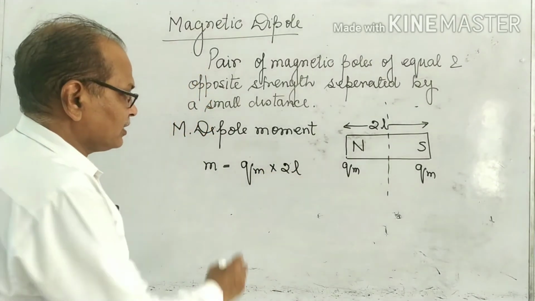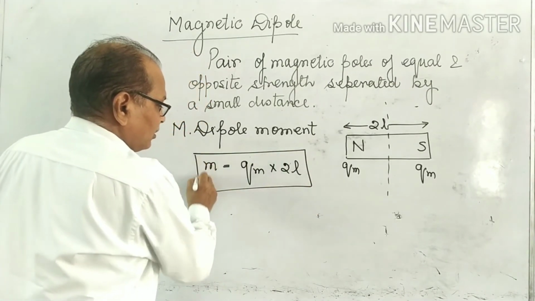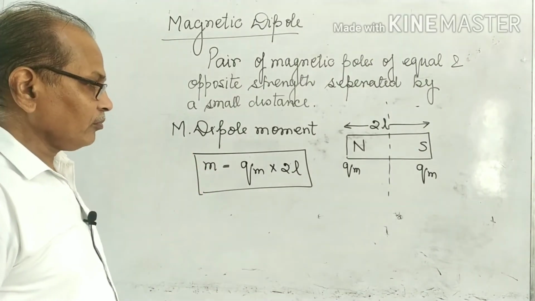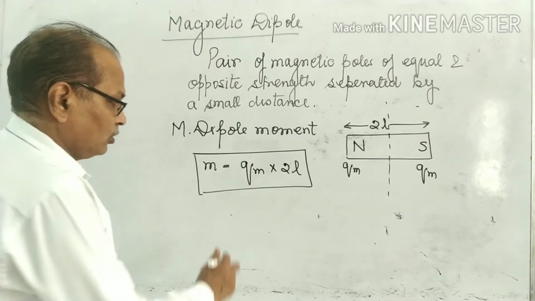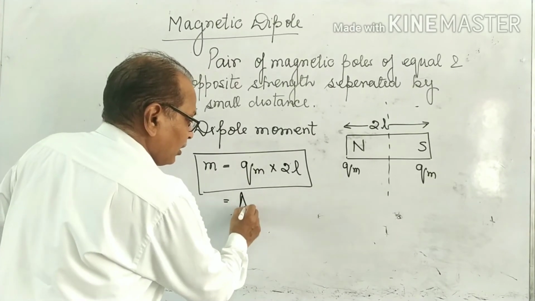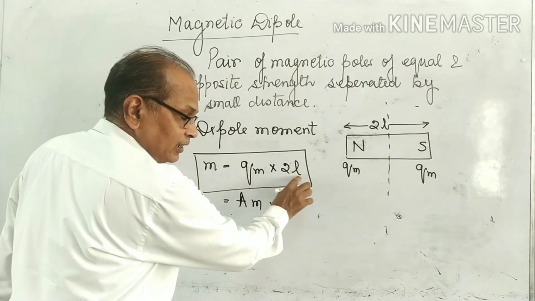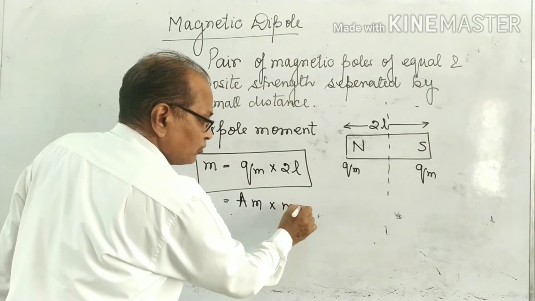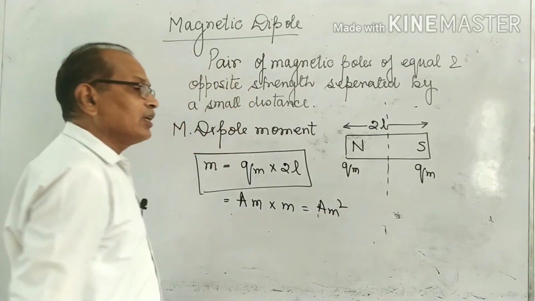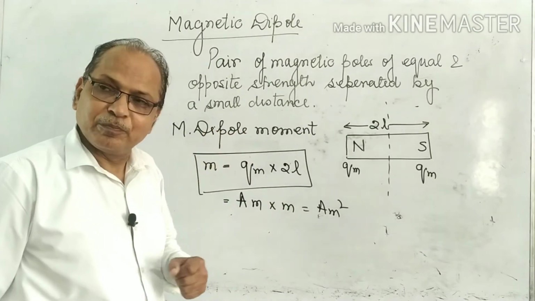So this is the magnetic dipole moment M. Now the pole strength has unit ampere meter, into length, also meter, that is ampere meter square is the unit of magnetic dipole moment.